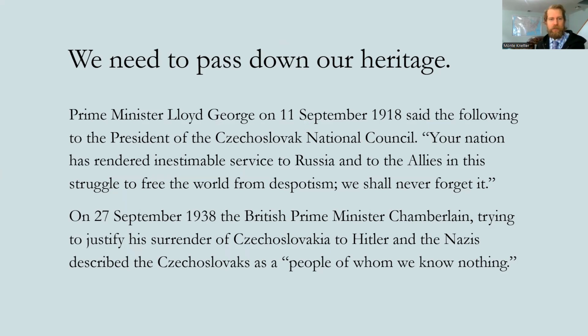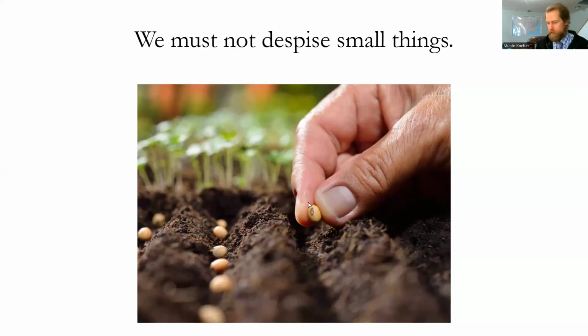Almost exactly 20 years later, on September 27th, 1938, British Prime Minister Chamberlain, trying to justify his surrender of Czechoslovakia to Hitler and the Nazis, described the Czechoslovaks as a "people of whom we know nothing." How different would the 20th century have been had Chamberlain known history and not betrayed the Czechs to the Nazis?